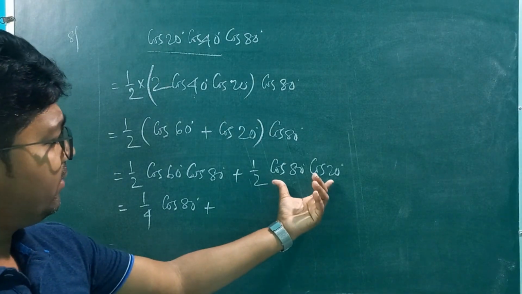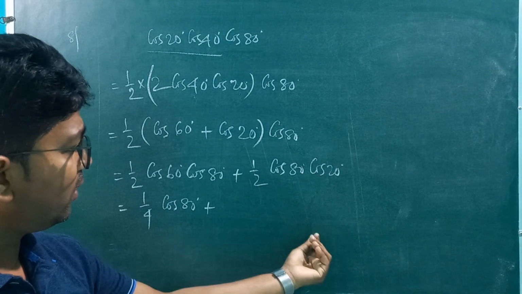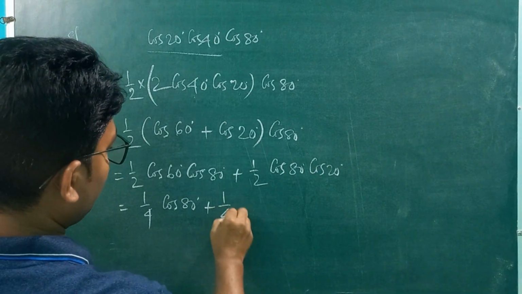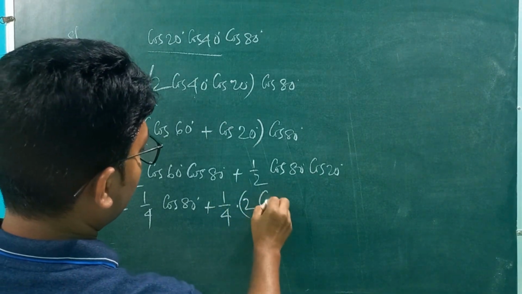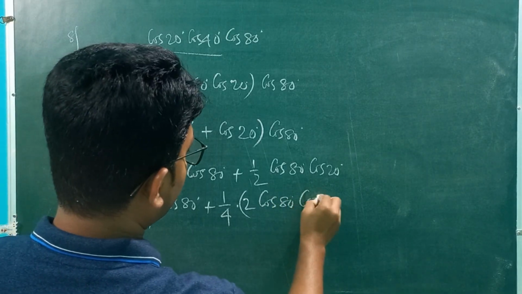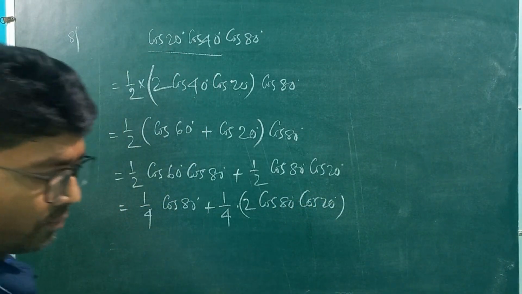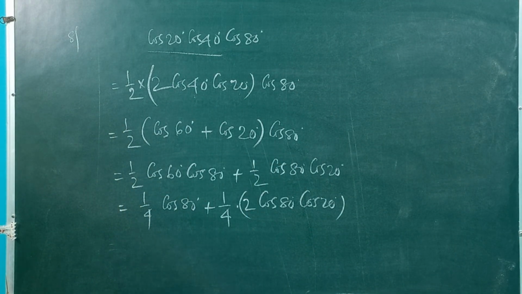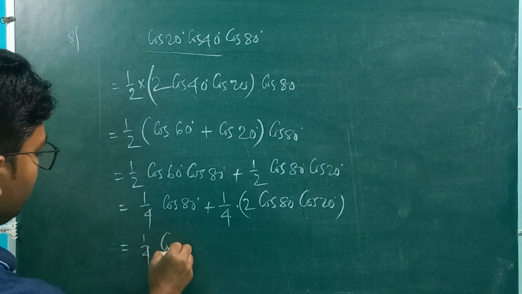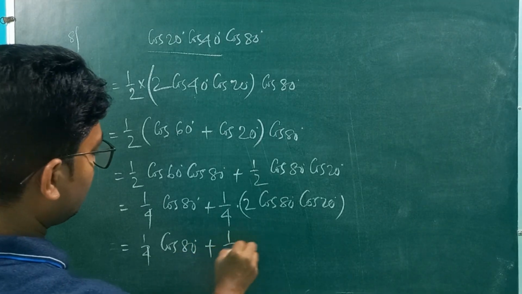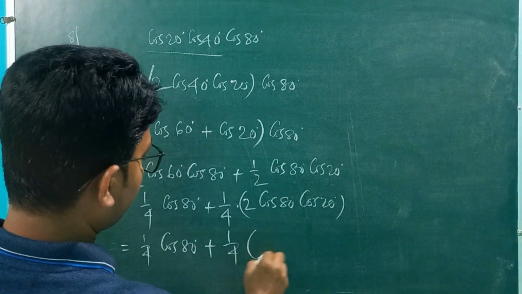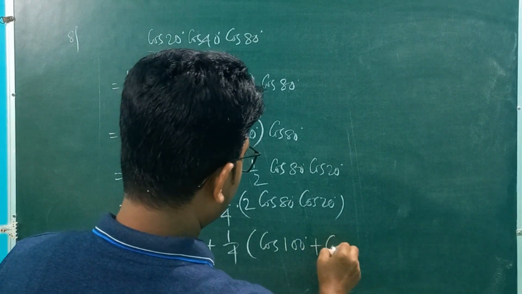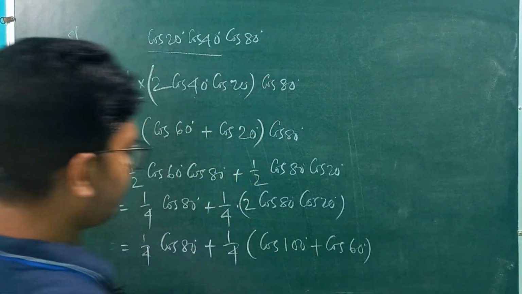Now again we apply the product formula, that is, we convert this product into sum, and we also adjust a 2 here: 2 cos 80 cos 20. One by 4 cos 80, 2 cos A cos B is cos(A plus B), that is 100, plus cos(A minus B), that is 60.